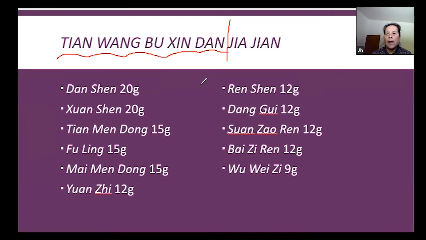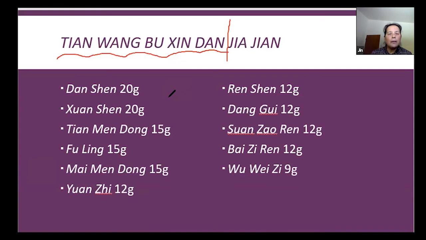We don't truly have time in our class to review all the formulas, but you can double check the formula list in our CTCM notes. You should remember the original ingredients in it, and then you know what herbs are modified in it.